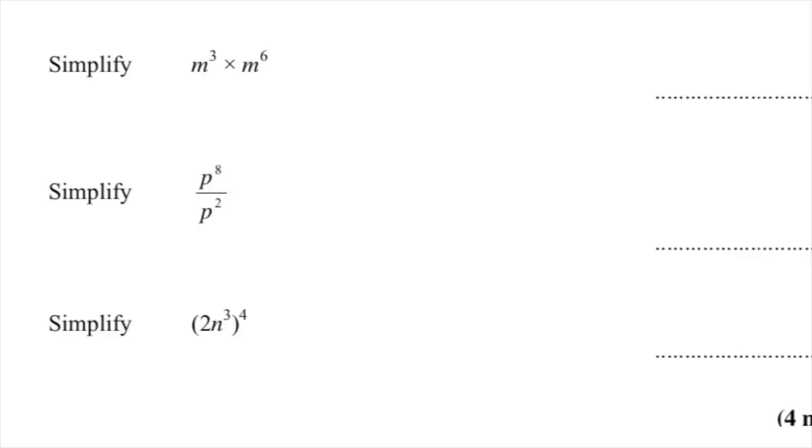So we're going to do a few practice questions, and the first one says, simplify m to the power of 3 times m to the power of 6. So from what we learned, if we're multiplying, we add the powers, which is going to be m to the power of 3 plus 6, which will give us m to the power of 9.